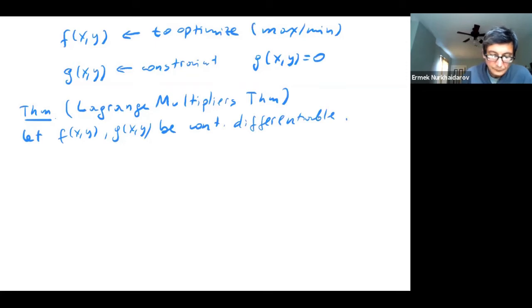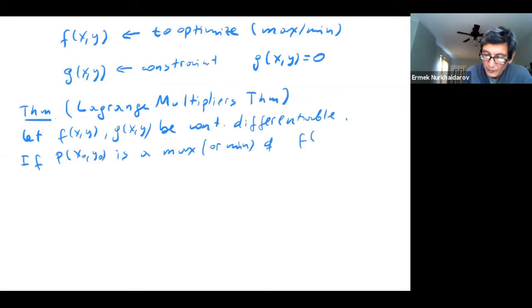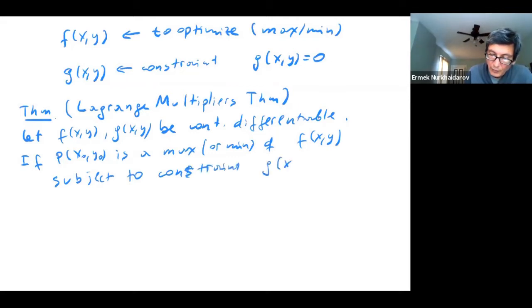If point (x0, y0) is a max or min of function f of x, y subject to constraint g of x, y equals 0.